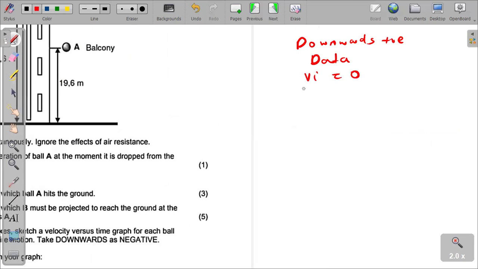Then we are calculating VF for ball A. And delta Y, the height from which ball A was dropped, is 19.6. It's going to be positive because we have taken downward as positive. And again, the acceleration is acting downwards. It's known, it's 9.8 meters per square second because we are dealing with a projectile, so it's positive as well.